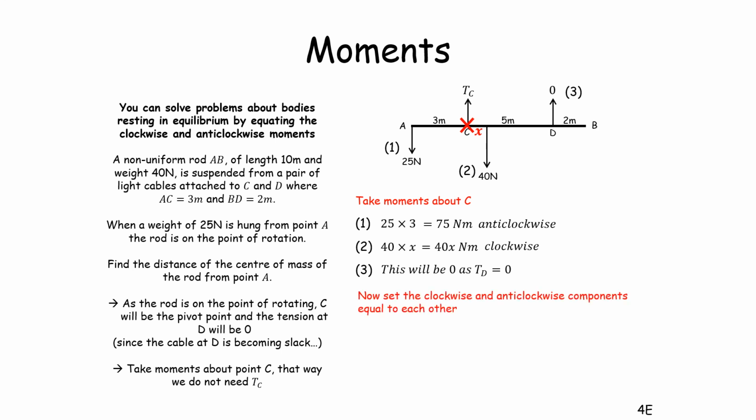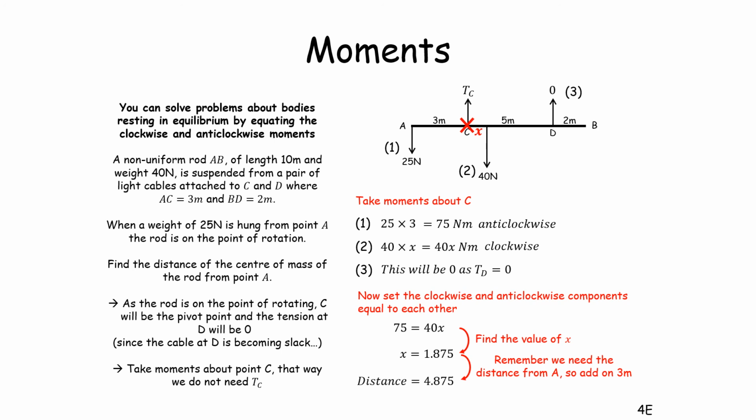Now, same as before, we're going to set clockwise equal to anti-clockwise. So 75 is equal to 40x. So that means x equals 1.875. Remember, we need the distance from A, so we need to add another 3 on. So the overall distance will be 4.875 meters.